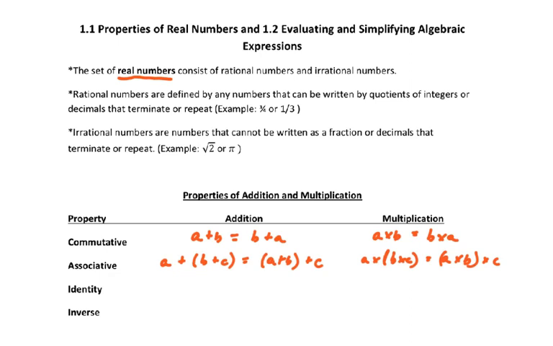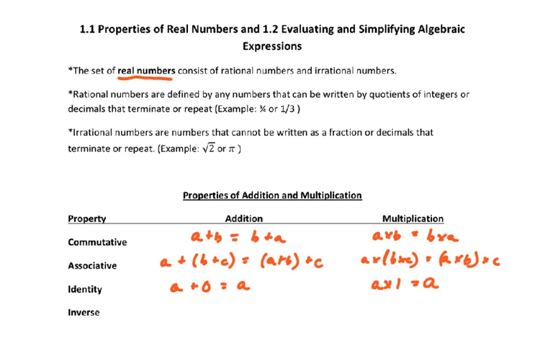The identity property is the thing you can do to a value and not change it. So for addition, the only number we can add that won't change anything is 0. Anything plus 0 is itself. For multiplication, the thing we can multiply by that won't change anything is 1. A times 1 equals A. And then finally, we have the inverse property.